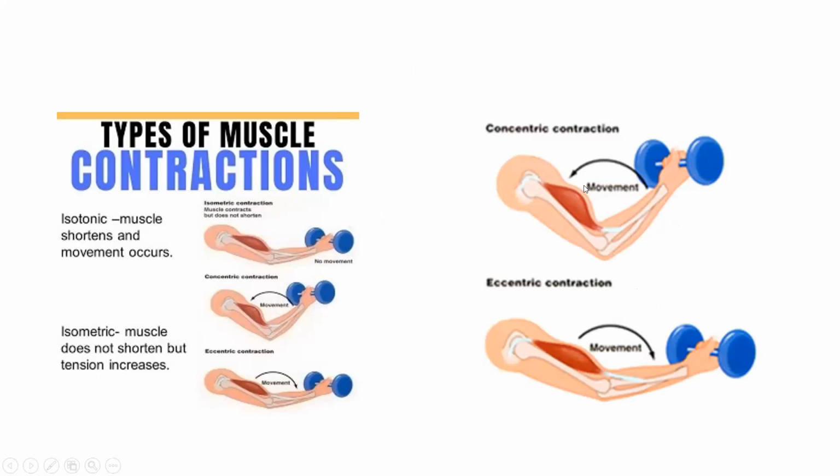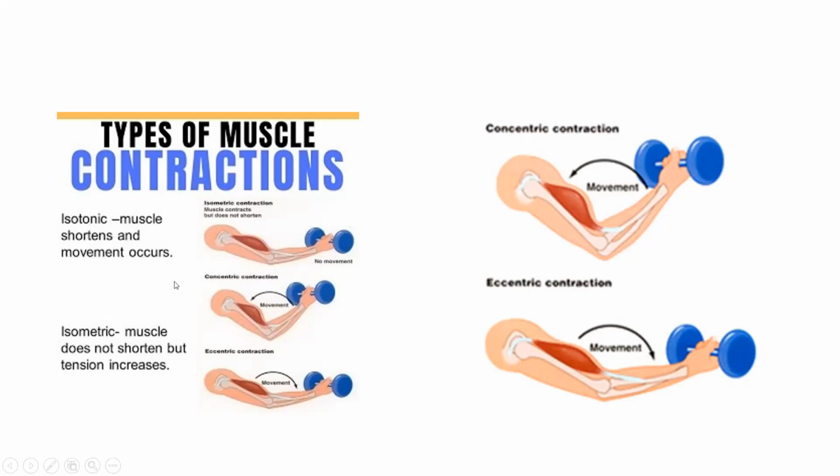We may get flexion movements or extension movements, but in both cases the muscles are producing tension, yeah? The tension is always produced, no matter if it's flexion or extension, but the actual length of the muscle changes. In flexion it's shorter, in extension it's longer, yeah? That's why these types, extension and flexion movements, are called isotonic movements.